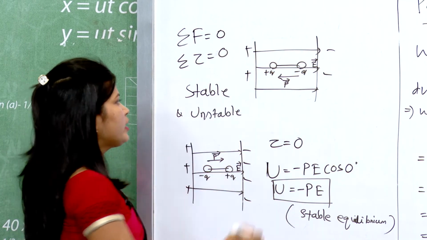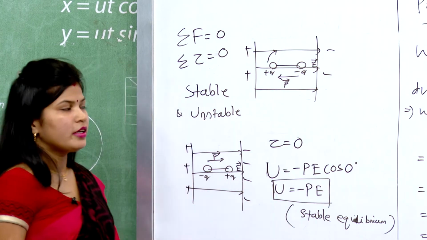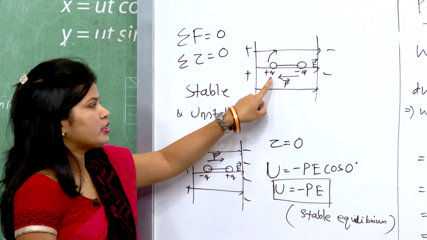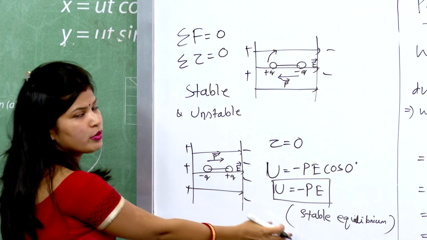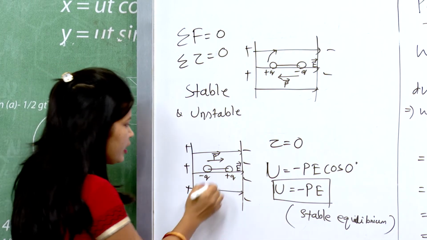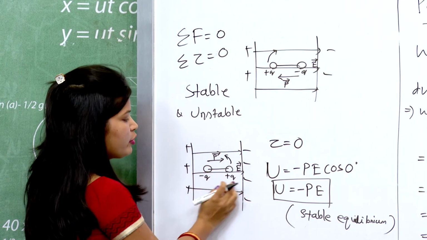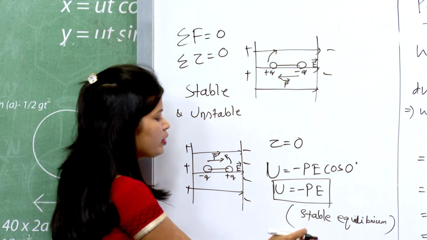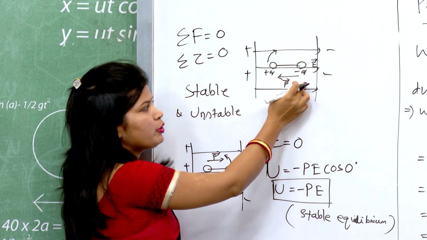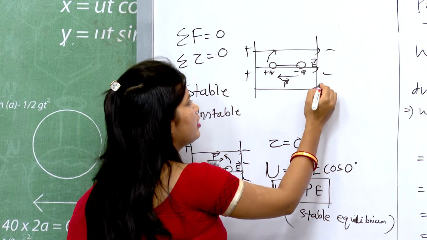If I disturb it a little, it will not come back to its original position. It will totally rotate and acquire stable equilibrium. That is why it is called unstable equilibrium.